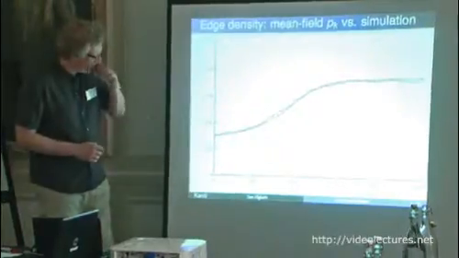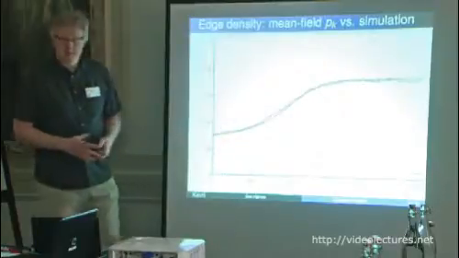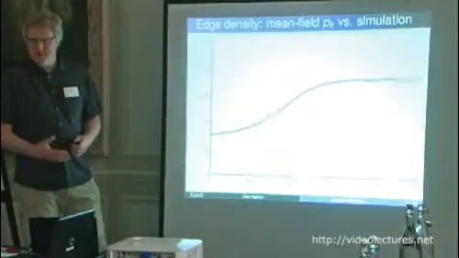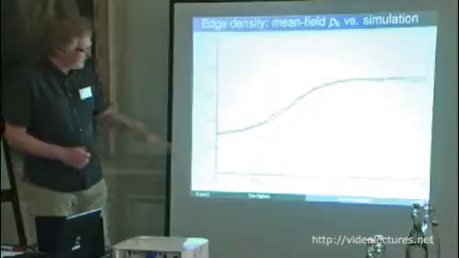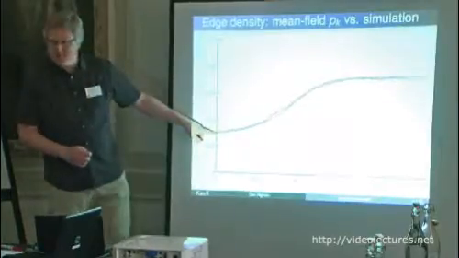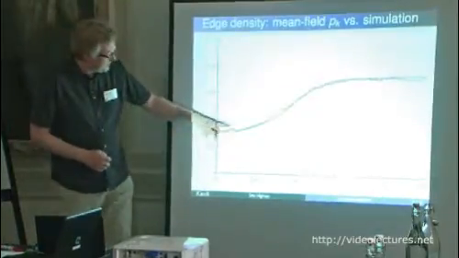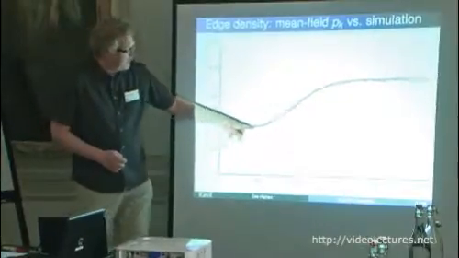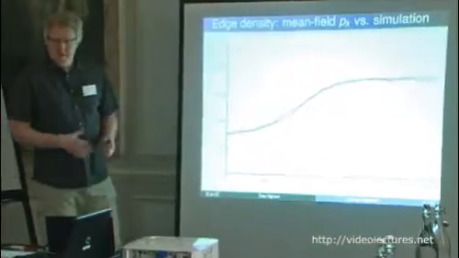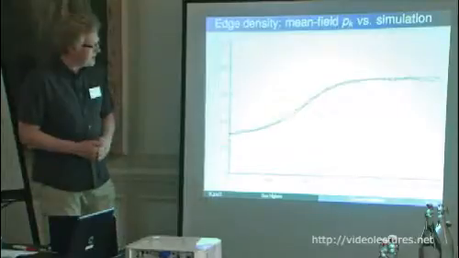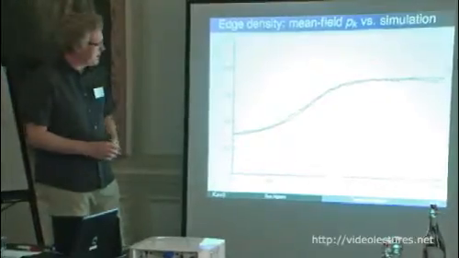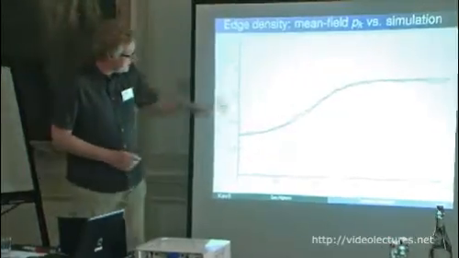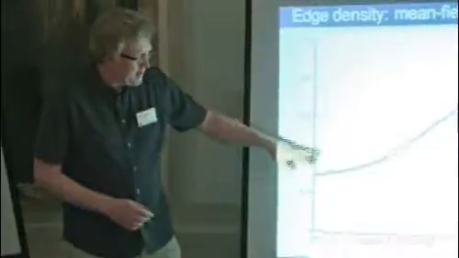That's the jaggedy curve. And the lovely smooth curve is just the mean field iteration, pk plus 1 as a function of pk. And you can see, because we're starting with Erdős-Rényi, which is a little bit of a cheat, this mean field model very nicely follows the micro scale simulation in terms of capturing this macro feature. Okay, if you didn't start with an Erdős-Rényi, there'd be a little bit of catch-up time, but it would eventually follow the right kind of behavior.